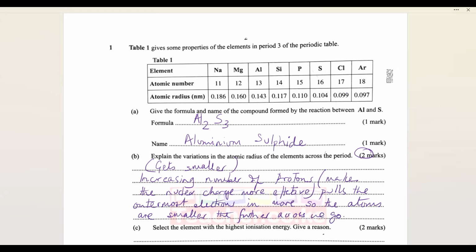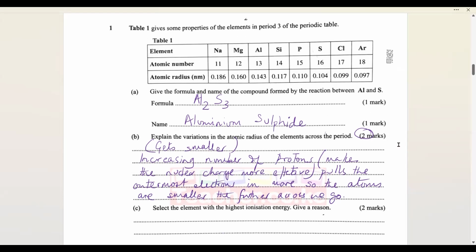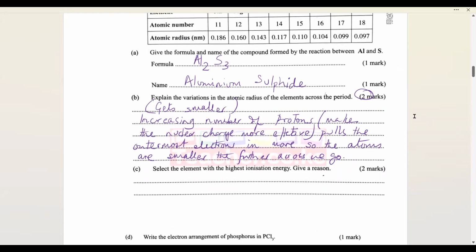Which element has the highest ionization energy? If you remember, I said that ionization energy was about an element X losing an electron to form a positive ion.